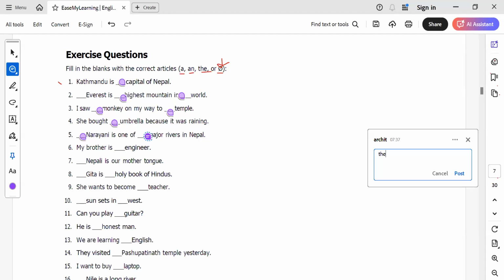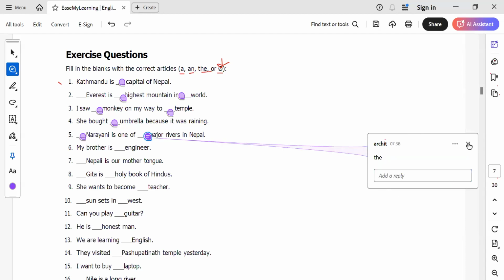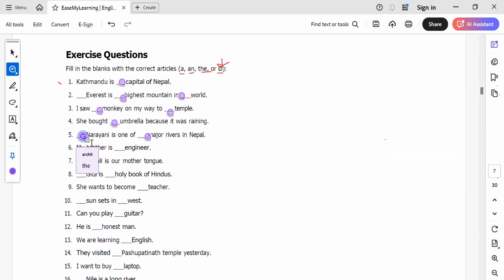We are referring to a particular river in this case. So, yes, in your context, you may find the river to be the most common Narayani, but there are more Narayanis in the world. So we are referring to the river. So we say the Narayani is one of the major rivers in the world. As a general rule, whenever we talk about a river, we use "the". For example, the Nile, the Brahmaputra, the Ganga, we always use "the".